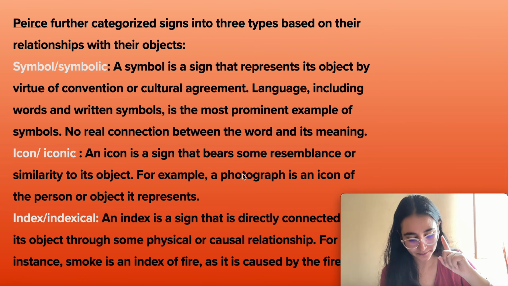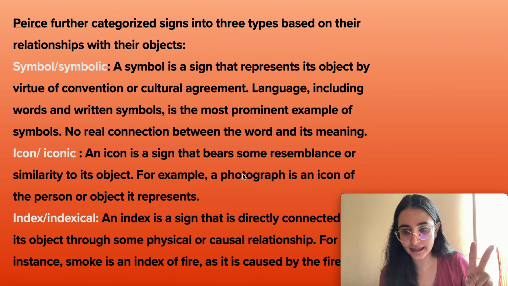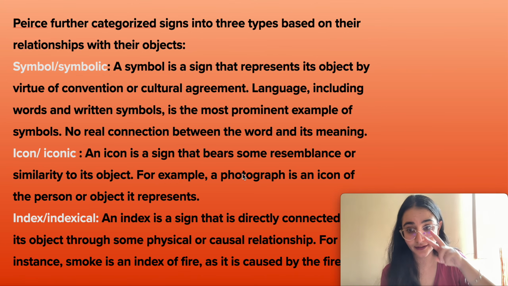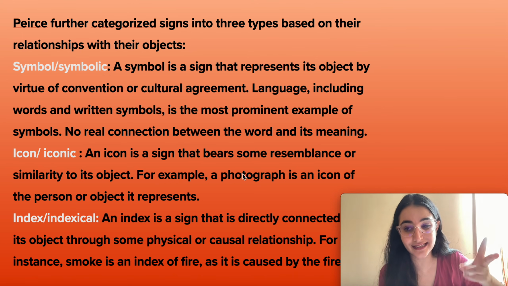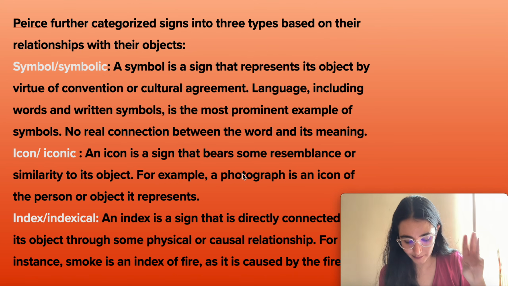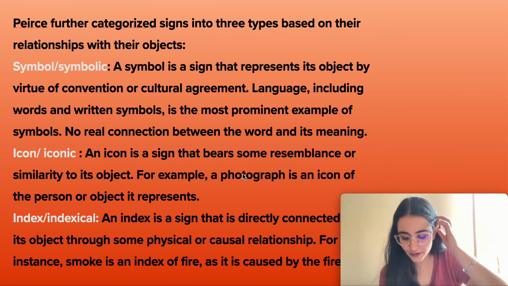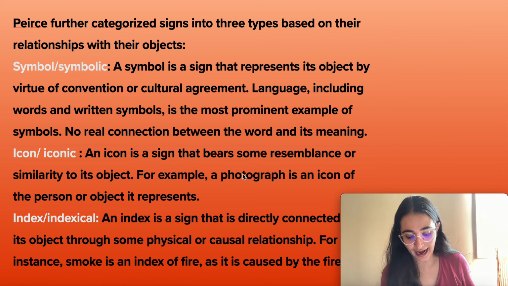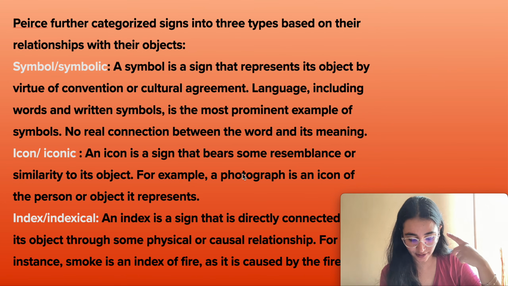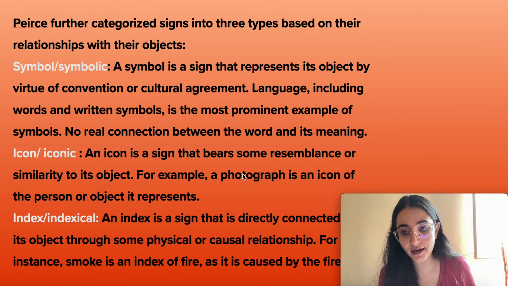Symbolic, arbitrary; iconic, imitative, onomatopoeic words, there is an imitation; and number 3 directly connected, indexical. The process of interaction between the word, the object referred to, and the idea or sign that is generated in our mind is called semiosis.